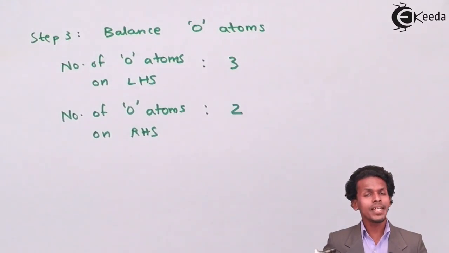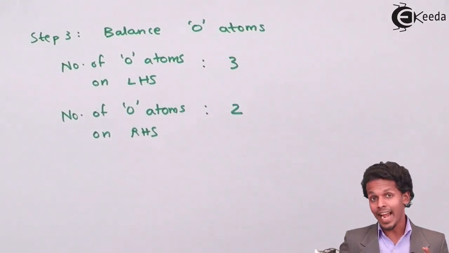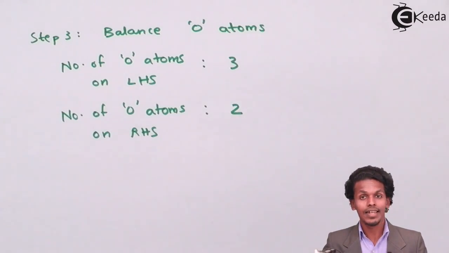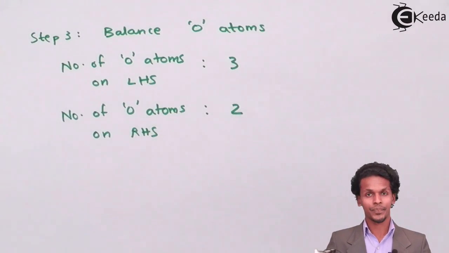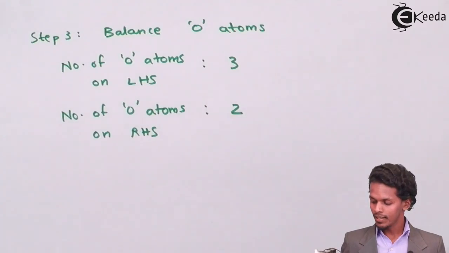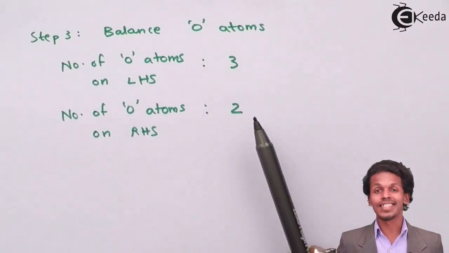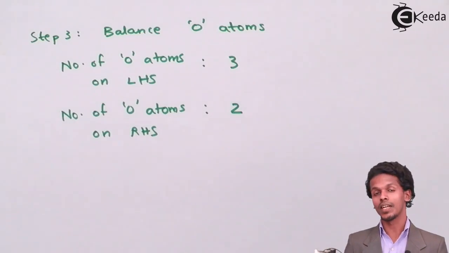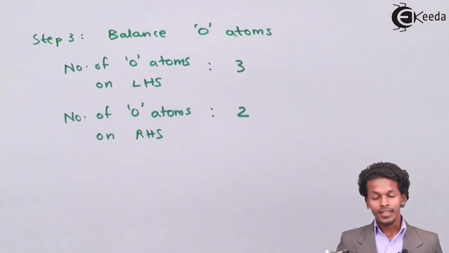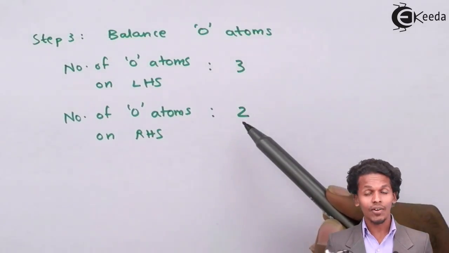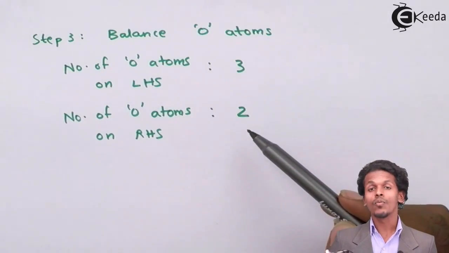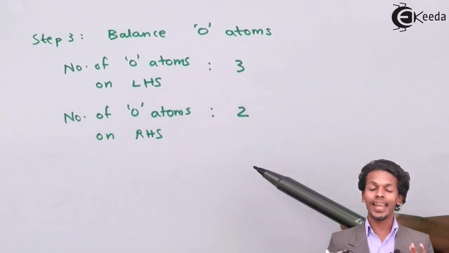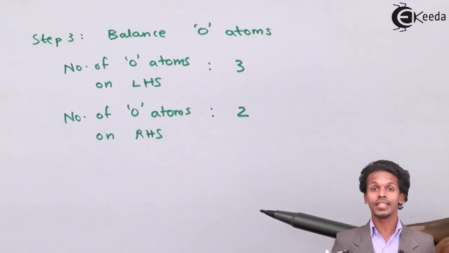So how many moles of oxygen atom are deficient and where? There is only one oxygen atom which is deficient on the right hand side, that is on the product side. Now what we are going to do is balance the number of oxygen atoms on the right hand side.